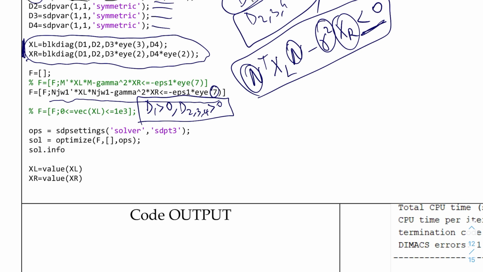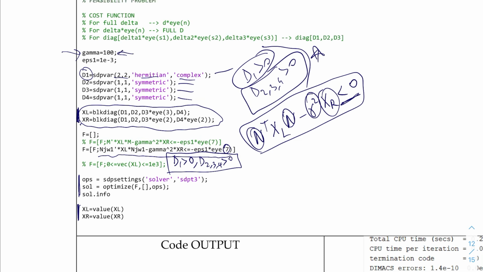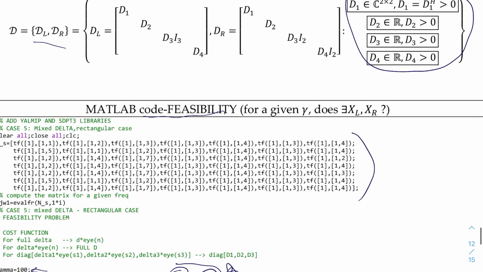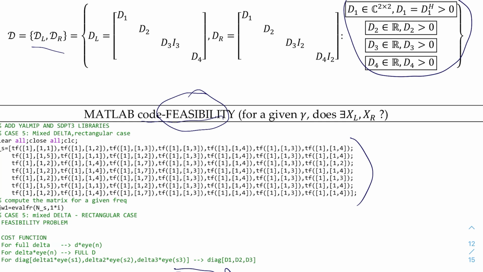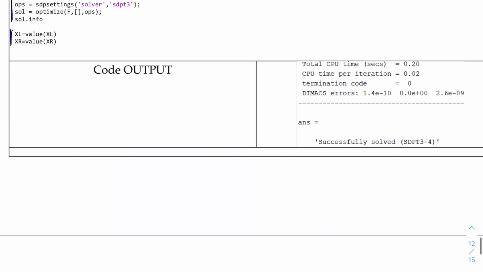This is a feasibility problem. It's only going to give me XL and XR, because we know what gamma is, we just enter that. For a given gamma, I'm going to determine if that is feasible.